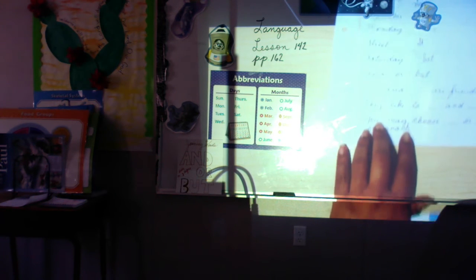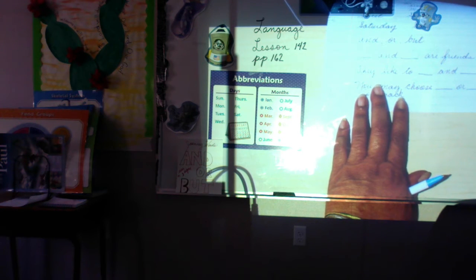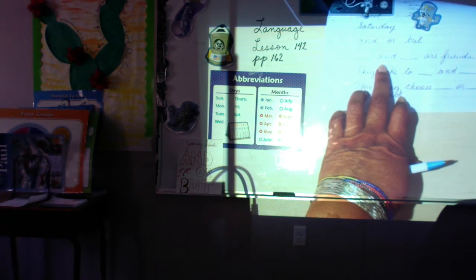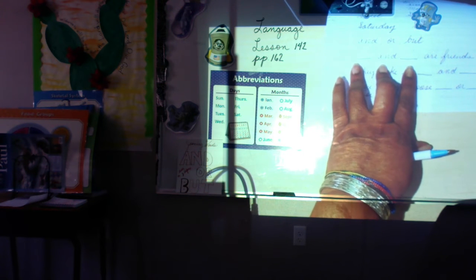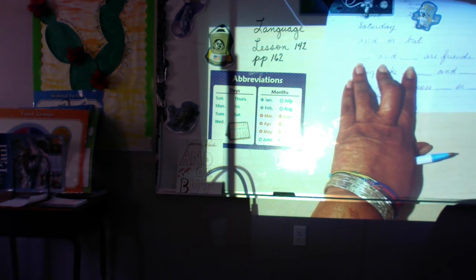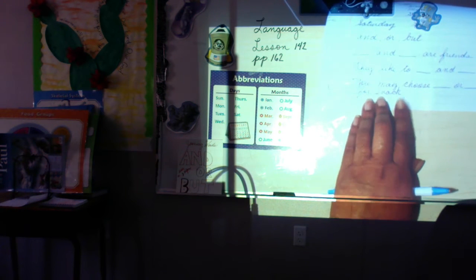So the first sentence says, blank and blank are friends. I am talking about two people that are friends. So I'm joining these two people with the word and. I could write Tom and Billy, Susan and Mary Jo, anybody, right?